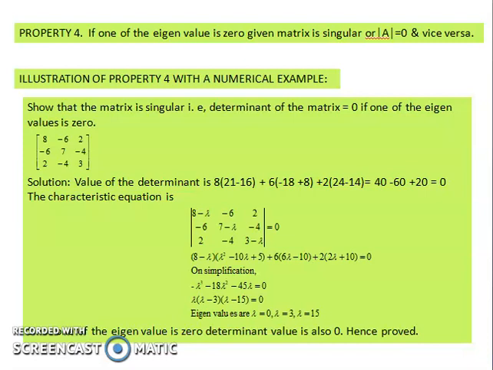One of the eigenvalues is 0 and the determinant value is also 0. So if the determinant is 0, one of the eigenvalues is 0. If one of the eigenvalues is 0, naturally the determinant value will be 0 or the given matrix will be a singular matrix.